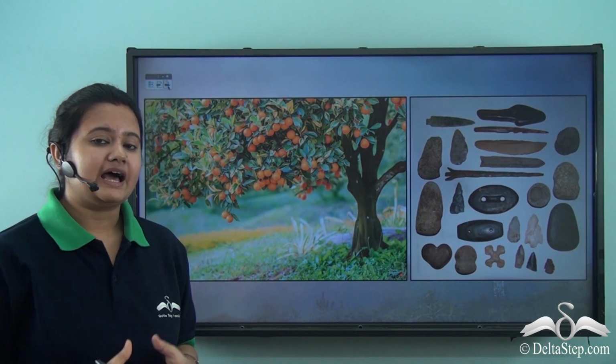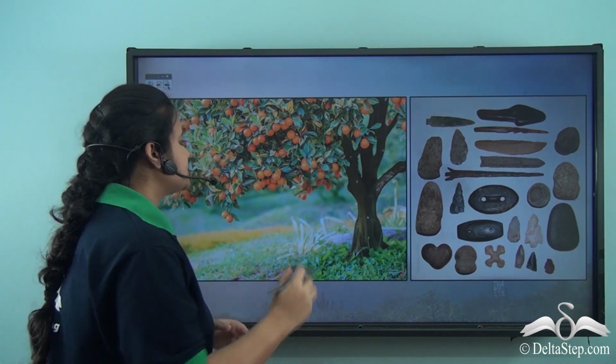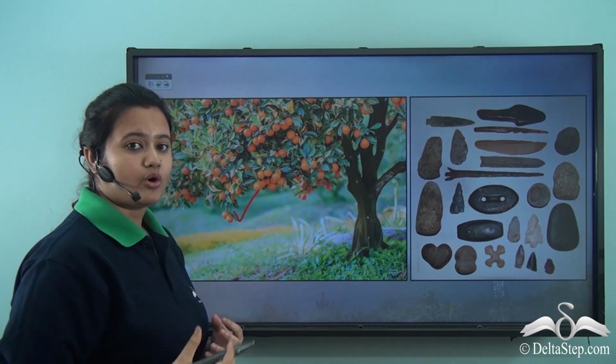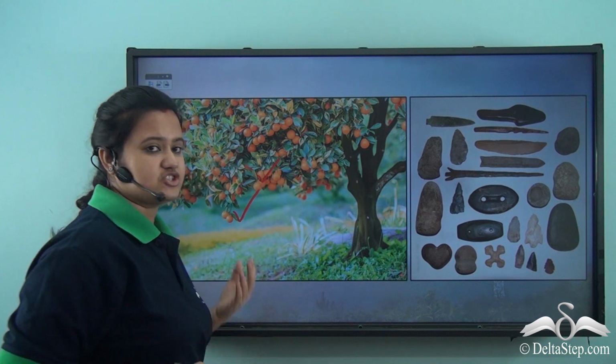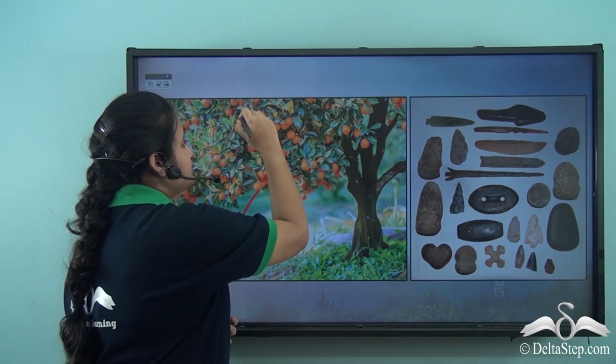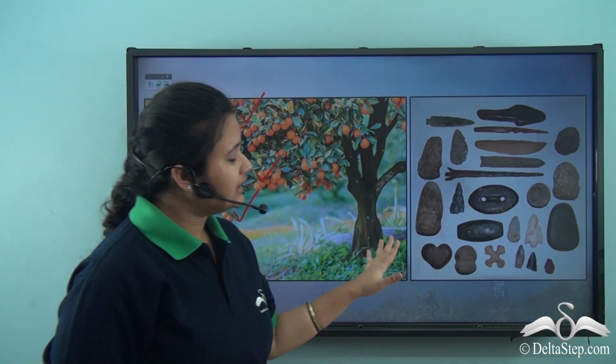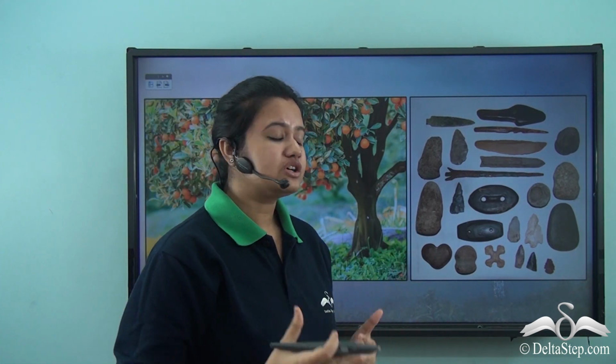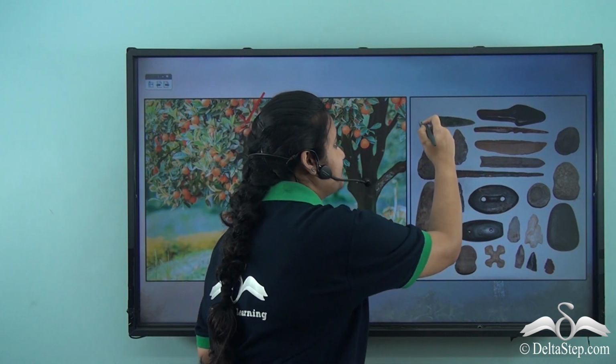Thus, we find that early men used plants in order to obtain fresh fruits and vegetables, and they also covered their body with tree leaves. Early men also used rocks in order to make simple tools.